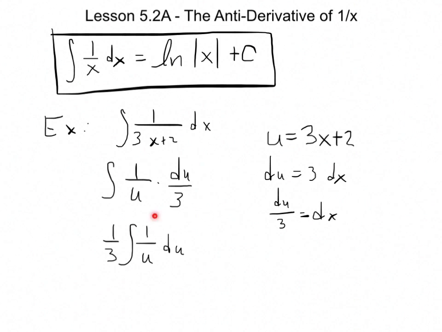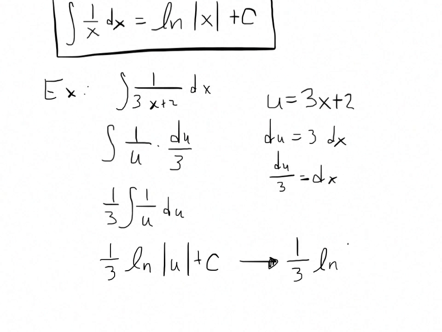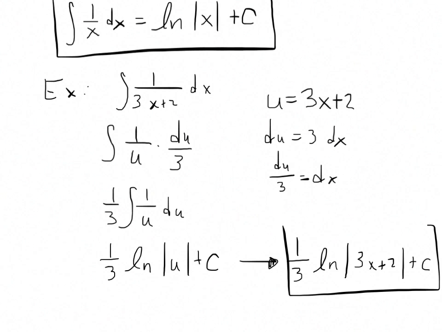So at this point, this looks just like this. So I can now say that this integral is 1/3 the natural log of the absolute value of u plus c. And the final step that we take is to plug our u back in. U was chosen to be 3x plus 2. And so this is our antiderivative.